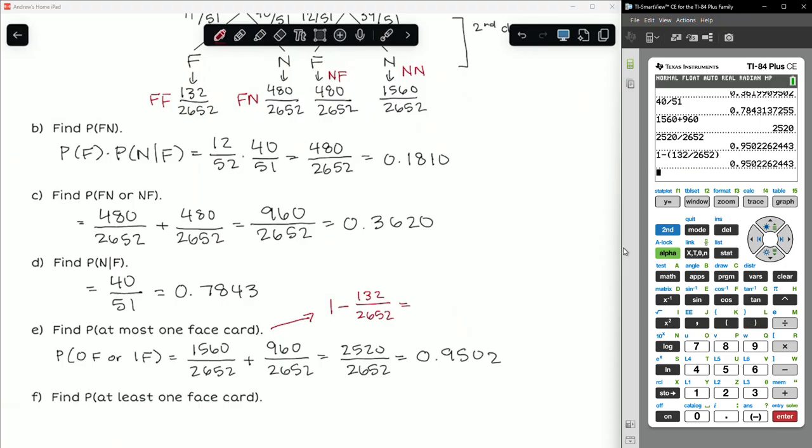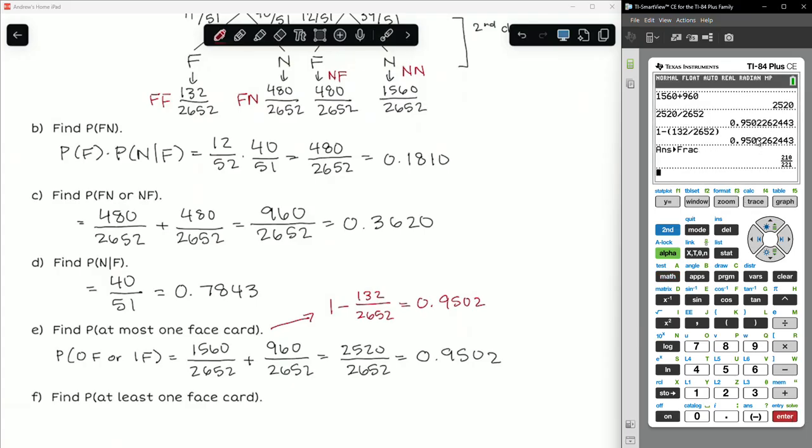And you'll notice it spits out that exact same decimal, 0.9502. And I can plug that into my calculator and see that I get a reduced decimal that's the same by pressing the math button and using that fraction menu. So both of these represent 210 over 221.